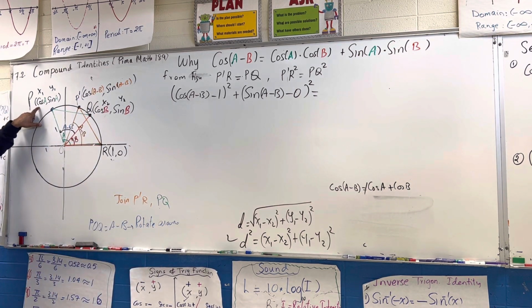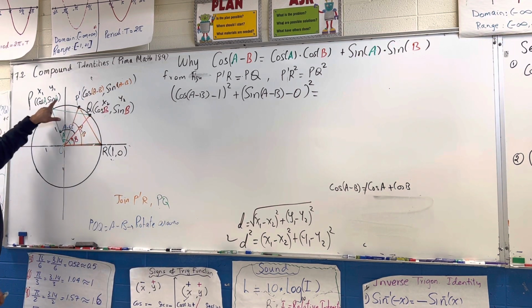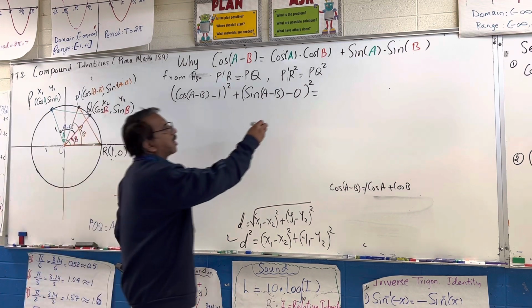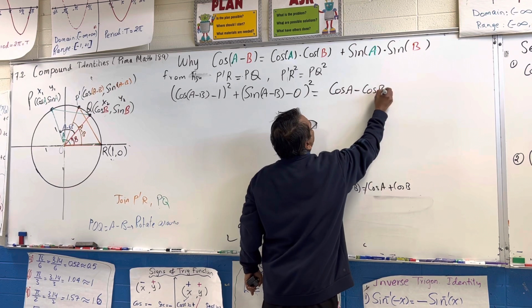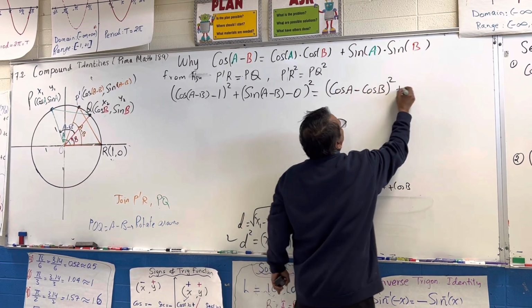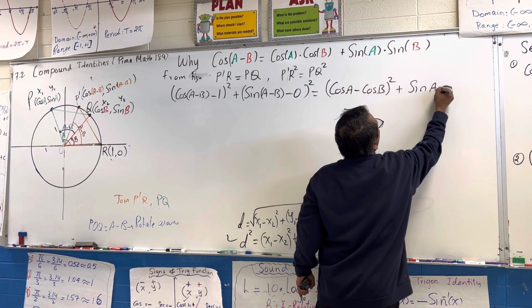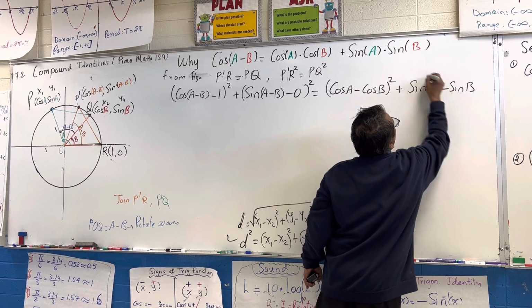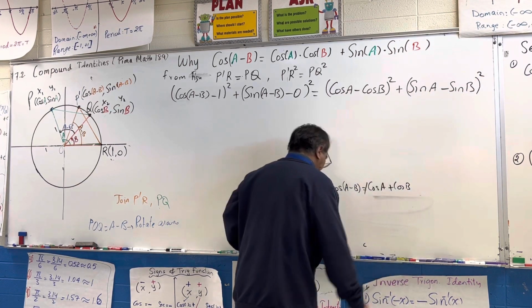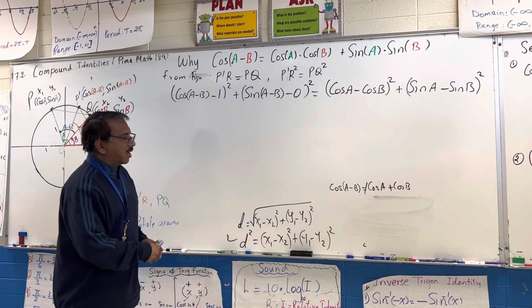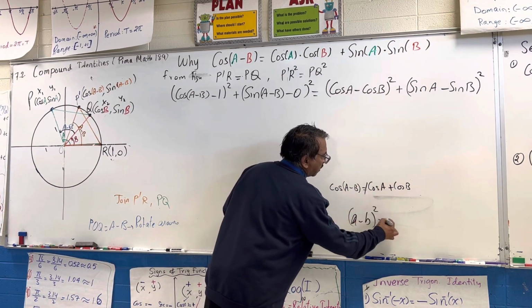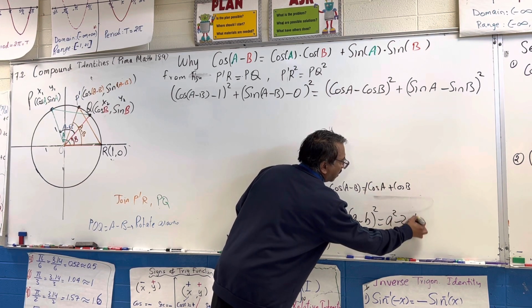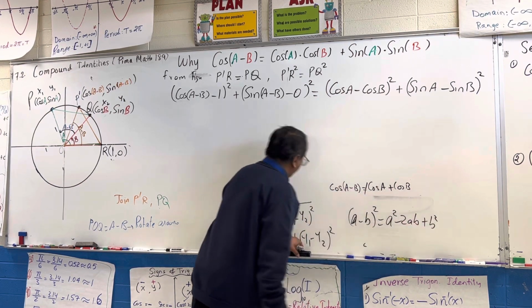So this is x1, cosine A minus cosine B, sine A minus sine B. That's what I'm going to write here. Cosine A minus cosine B plus, now we use another formula. What is A minus B the whole square? It is A squared minus 2AB plus B squared.